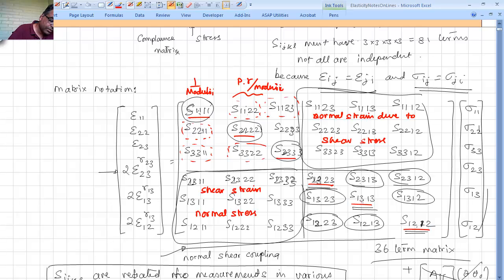These things have shear moduli, and these are shear Poisson's ratio. So you can see I get quite a bit of complicated stuff. To figure out what these are, we have to look at some specific cases, then you will see how this works.